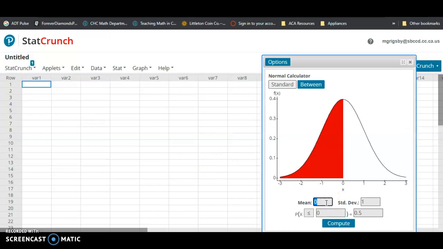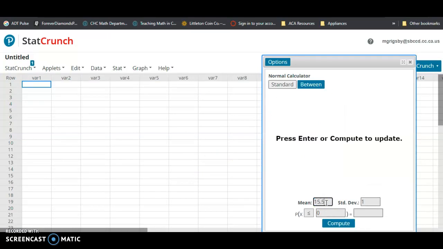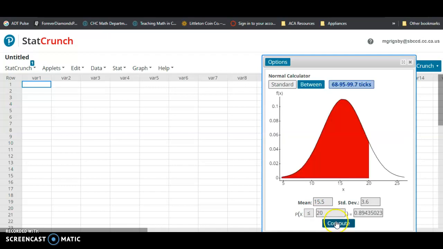Type in the mean of 15.5, standard deviation of 3.6. Notice that there's no option for less than, so we're going to select less than or equal to. Then type in the number that it gives you, so less than 20. Our probability, when rounded to 4 decimal places, is 0.8943 or 0.8944.